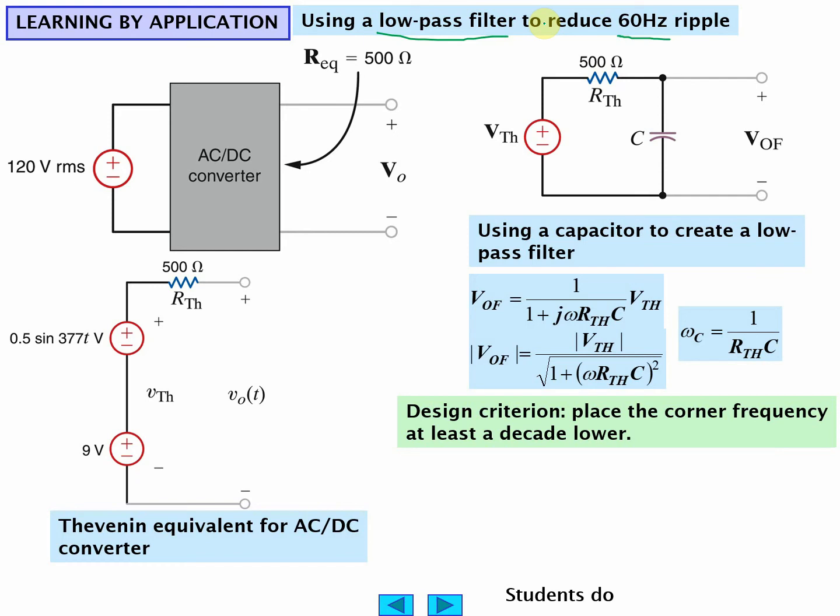Design criteria. So now we're getting into designing. We don't know all the parameters exactly. What do you as a designer want to do? So they're going to place the corner frequency at 6 hertz, or 2 pi times 6 radians per second.